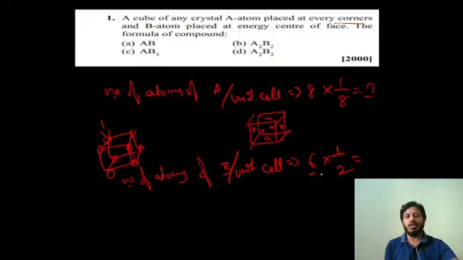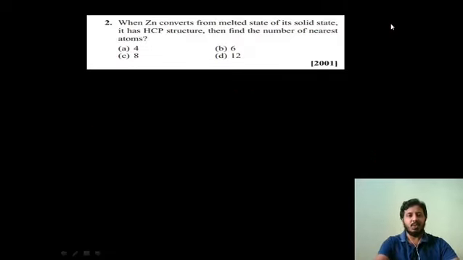We have 6 faces and the contribution is 1 by 2. So the total number of atoms of B per unit cell is 6 into 1 by 2, which is equal to 3. So the formula of the compound will be AB3. That is option C. Question number 2.